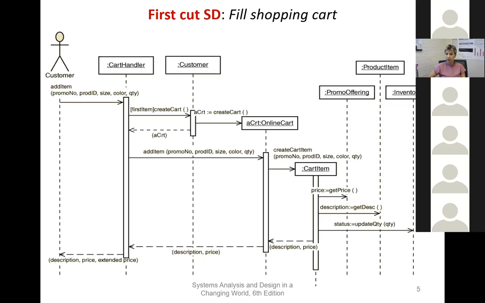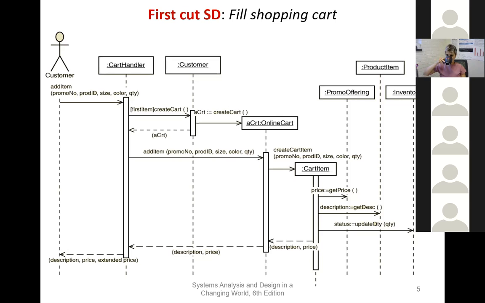So let's look at another one. Caitlin, give me another data access layer object. Product item. Exactly. C, R, U, or D? R. Exactly. Casey, give me another one.